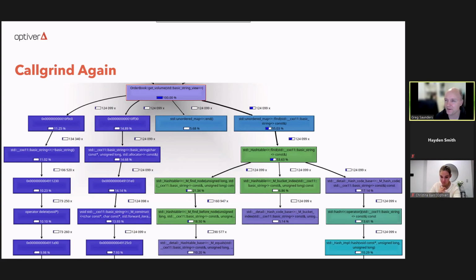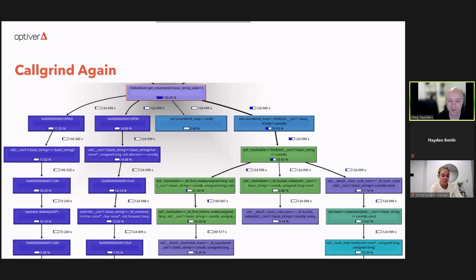Now, why might this be? Well, the answer is that every time you create a string, you basically do a memory allocation. Unfortunately, the screen size isn't big enough here, but if you scroll down on the call graph, you would see it ends up in a call to malloc or free.